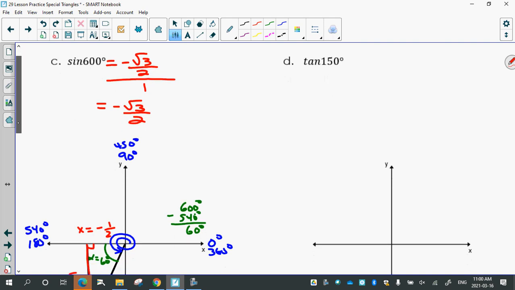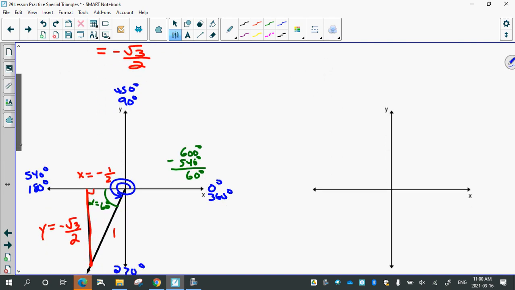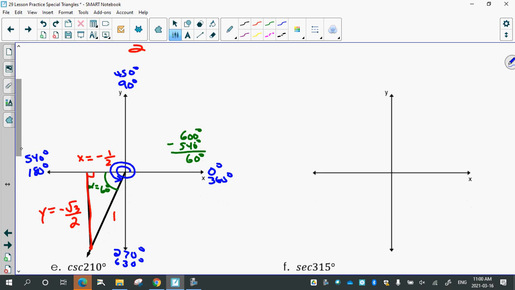Tan of 150. So we want to draw 150 first. We can already stop at 180. Okay. So 150 is going to be in the second quadrant, closer to the x-axis.